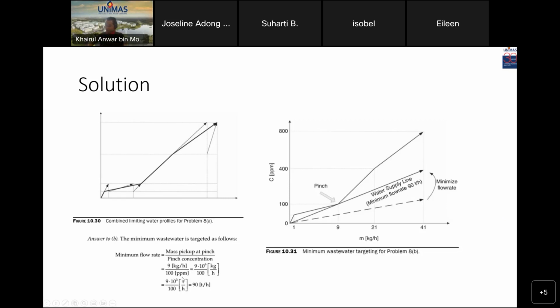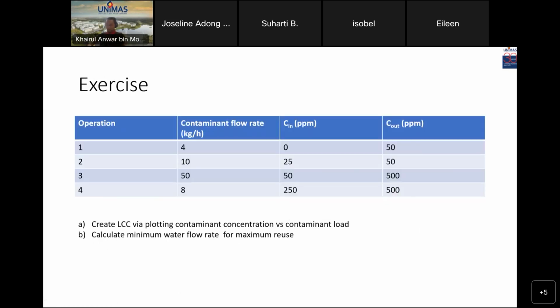So ppm is not milligram per liter, it's 1 over 1 million. So you get at the end 90 ton per hour. This is the minimum flow rate for maximum reuse. This is for your exercise.